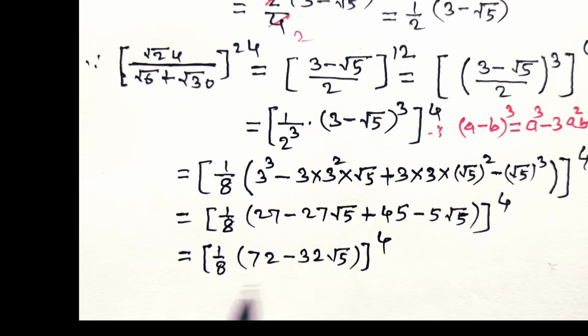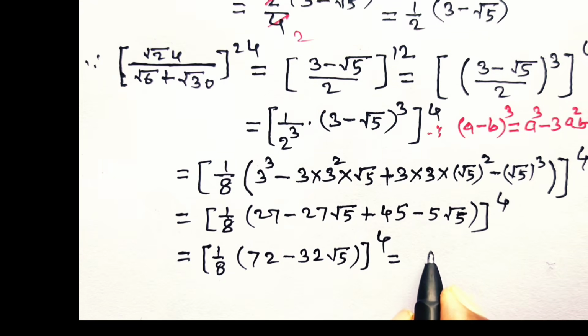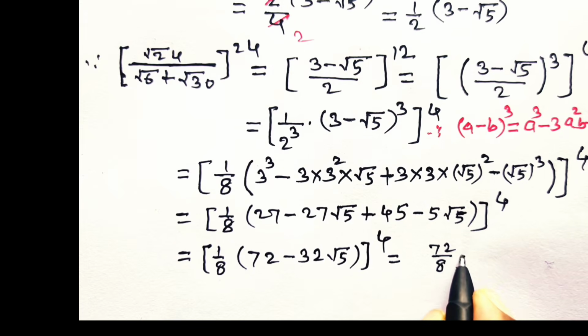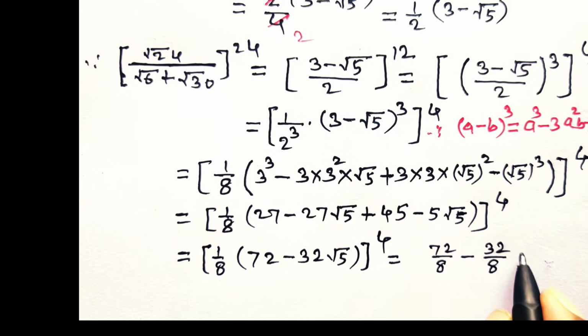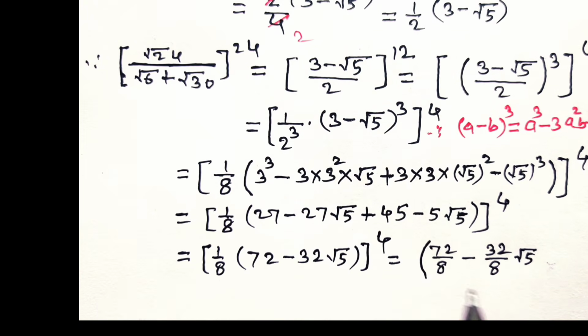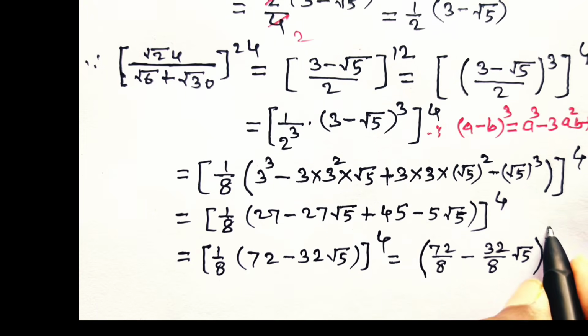Divide this bracket by 8. Hence this is equal to 72 upon 8 minus 32 upon 8 into square root of 5, and then its power 4.